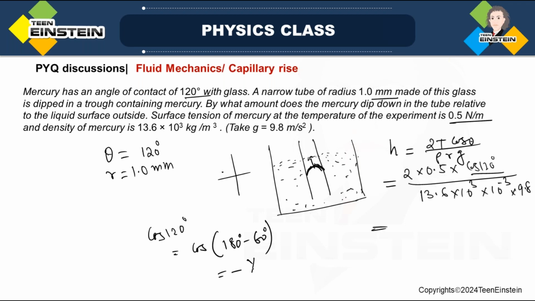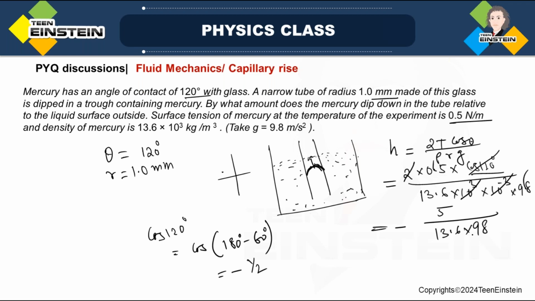Cos 60 is half, so minus half. These two will cancel, but there will be a minus sign over here. This is 10 to the power 3, this 10 to the power minus 3. So ultimately 5 in the numerator divided by 13.6 into 9.8.